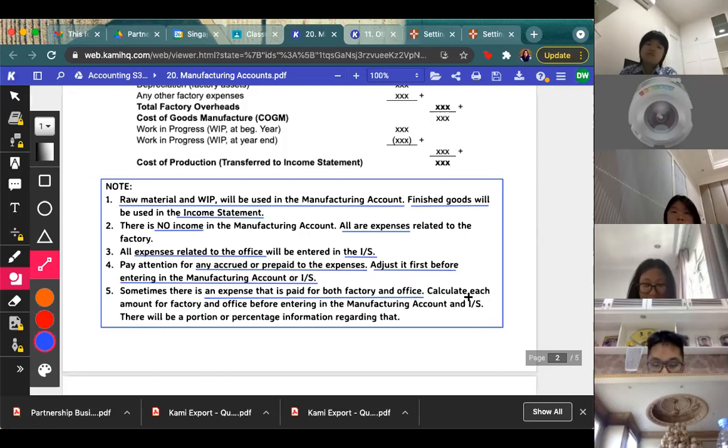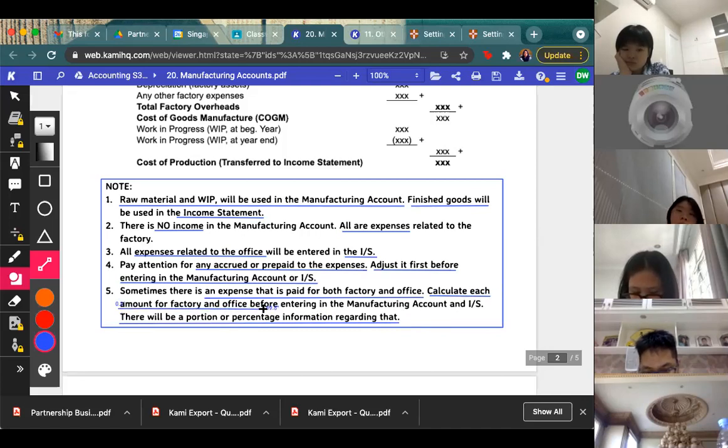Calculate each amount for factory and for office before entering the manufacturing account and income statement. There will be a portion or percentage information regarding that. You have to separate them and calculate each amount for factory and office. Okay, for the notes, do you have any question?